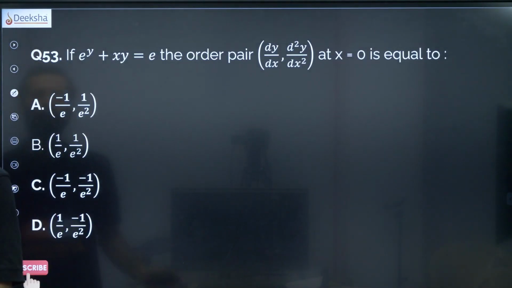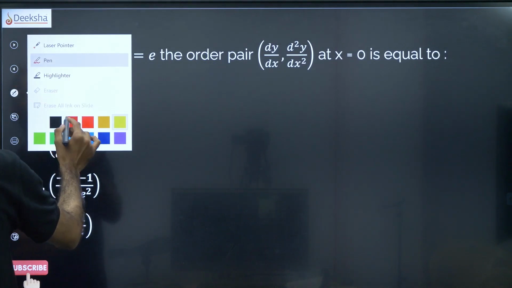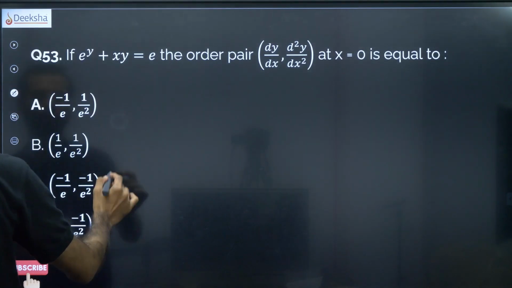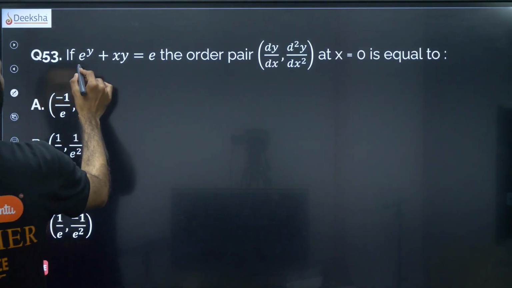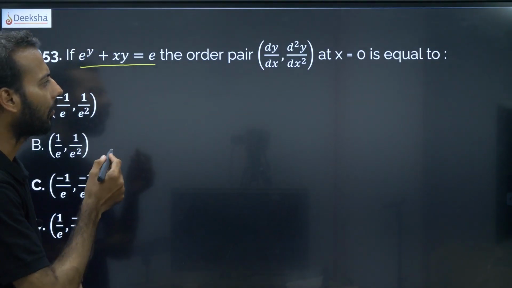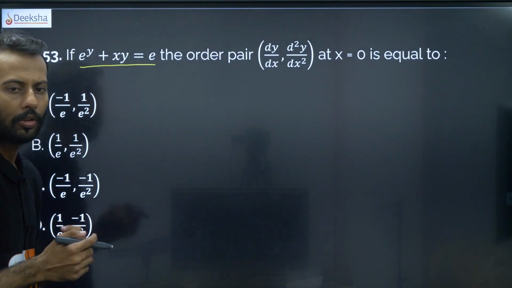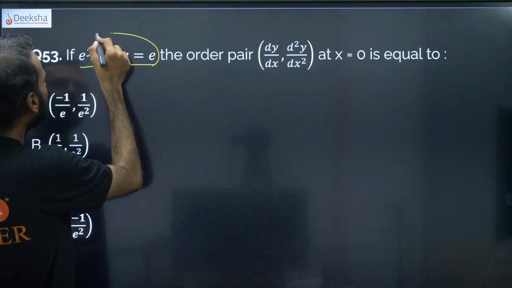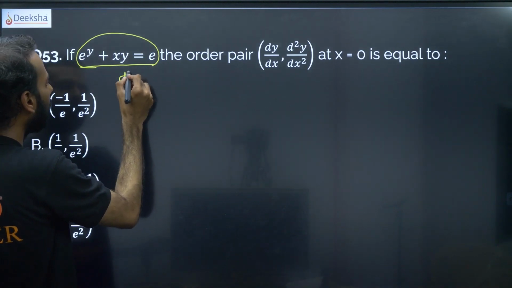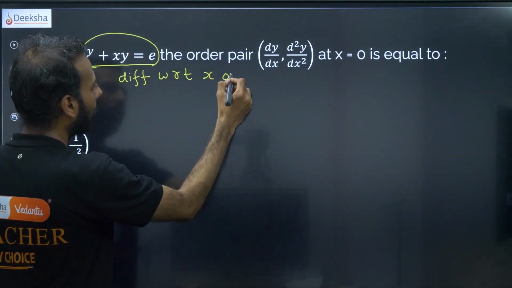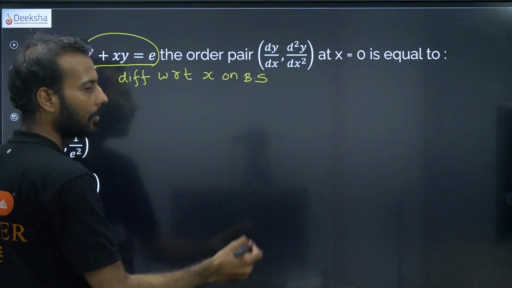Next, moving on to the next question. If y, some equation they have given, if e raised to y plus xy equals e, then they are asking the first differentiation and second differentiation at x equal to 0. So I will consider e raised to y plus xy and differentiate with respect to x on both sides.